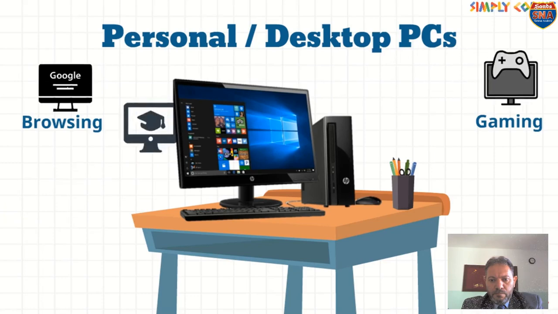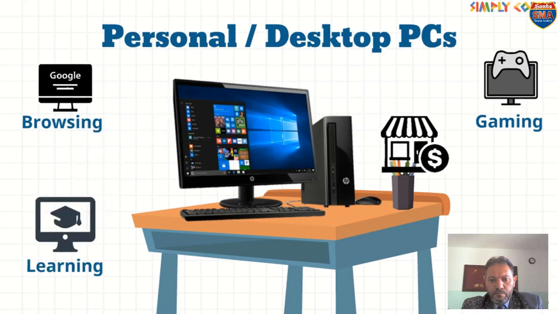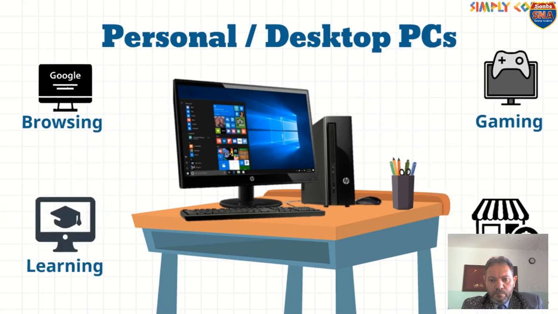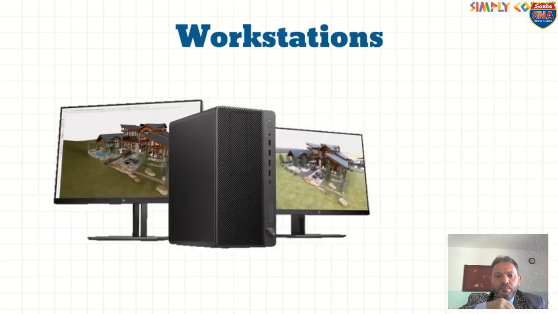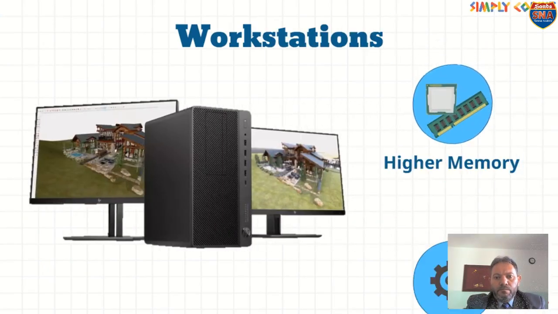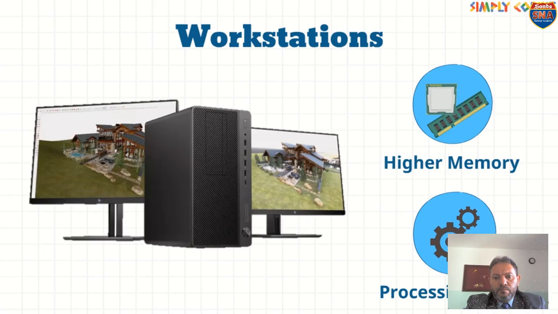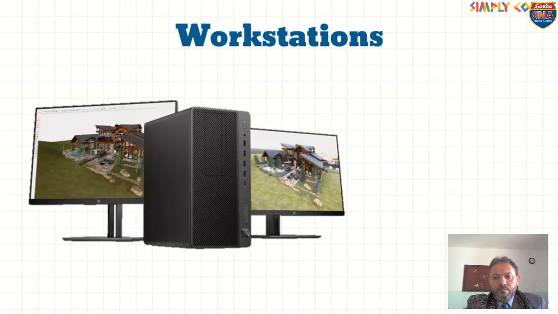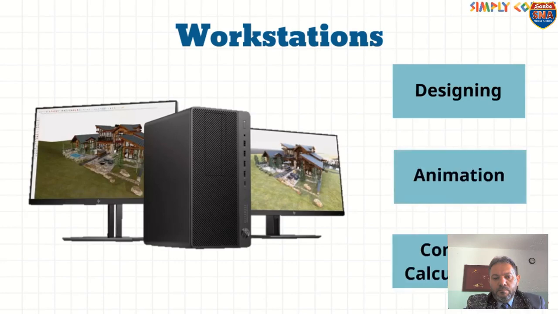They are used for browsing or gaming, learning and small business use. Workstations are like desktop computers but have more powerful CPU with higher memory and processing power. They are more expensive and are used for niche work like designing, animation and complex mathematical calculations.